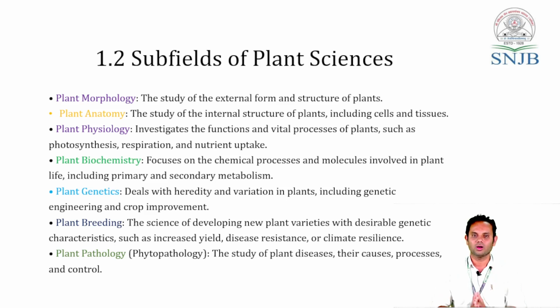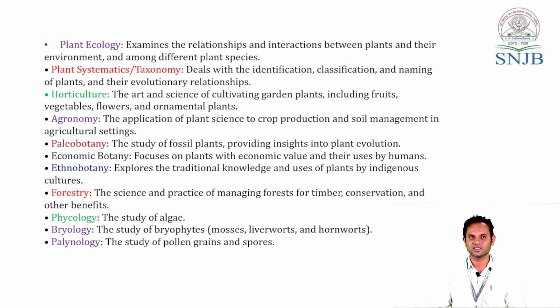What are the causal organisms of these diseases? There might be certain fungi, there might be certain bacteria which cause these diseases on the plants and which indirectly affect the crop yield. So in this subdiscipline, the diseases are studied so that the plants are protected. So this is again a discipline.